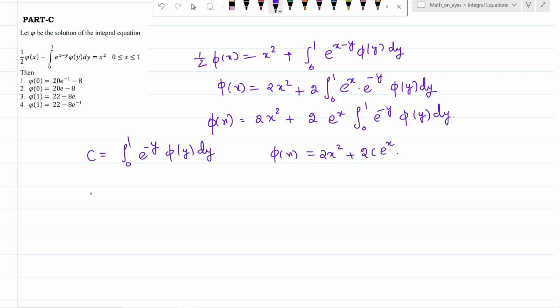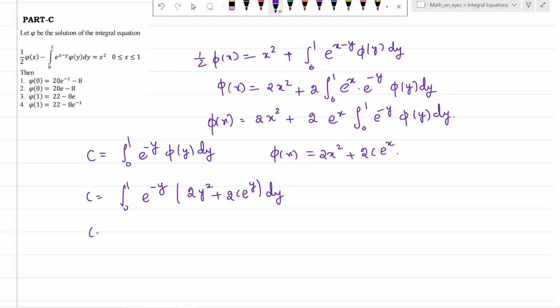Now c will be equal to integral 0 to 1 e to the power minus y, phi of y will be 2y squared plus 2c e to the power y, into dy. As phi of x is equal to 2x squared plus 2c e to the power x, we get phi of y to be 2y squared plus 2c e to the power y.